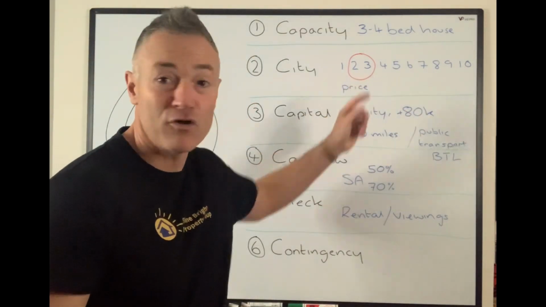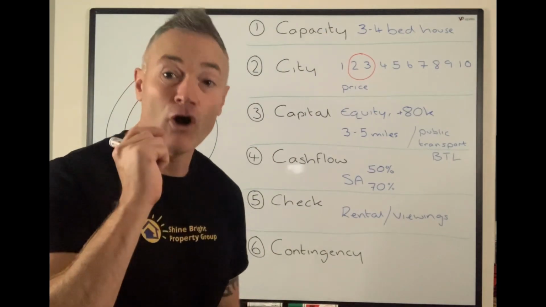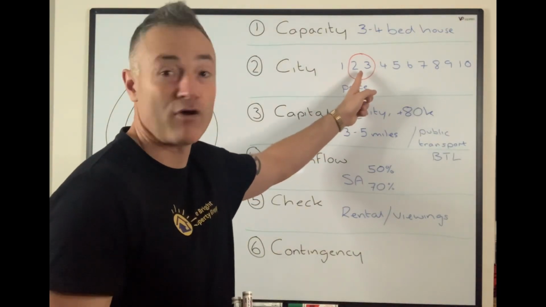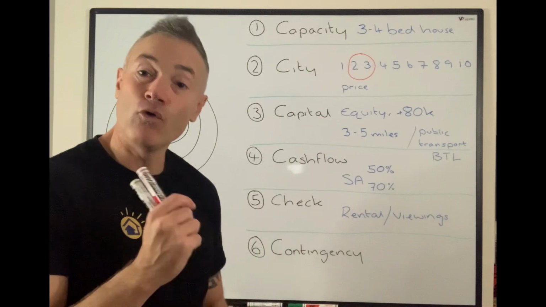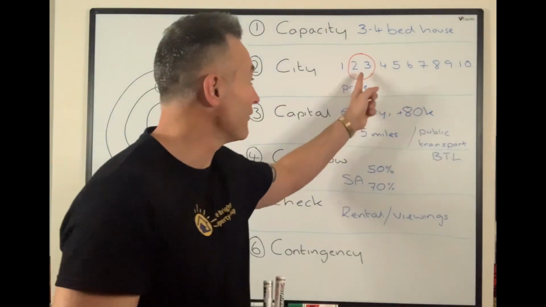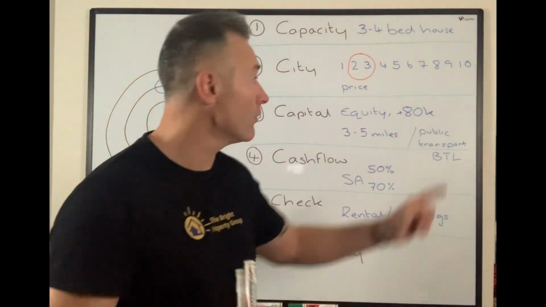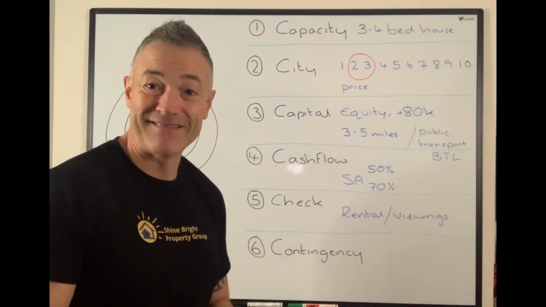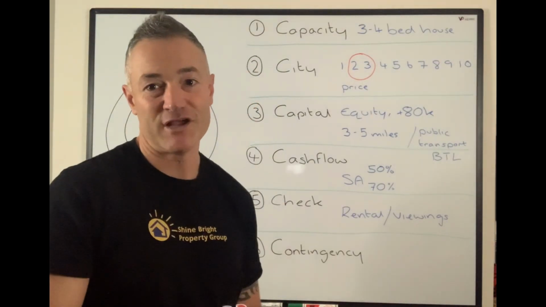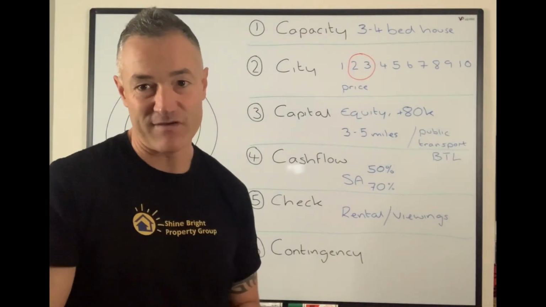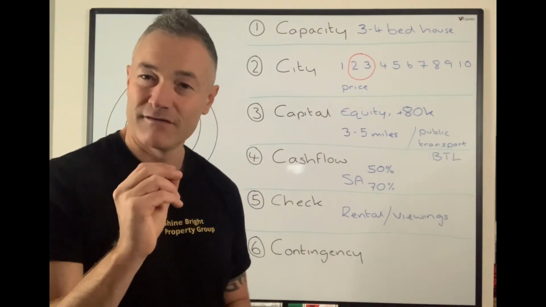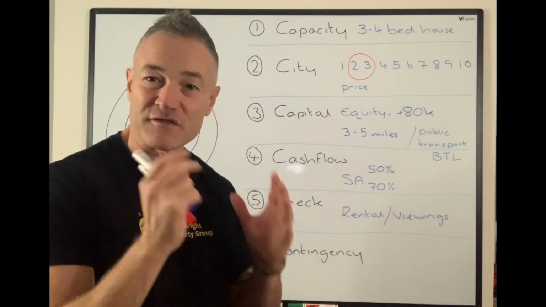It's actually almost the same price as 2 or 3. So not only are you buying at a cheaper price, you're also going to be able to market the property at the same price or close to those properties in the city centre, depending on the decoration and the facilities available. That is very, very powerful to understand.